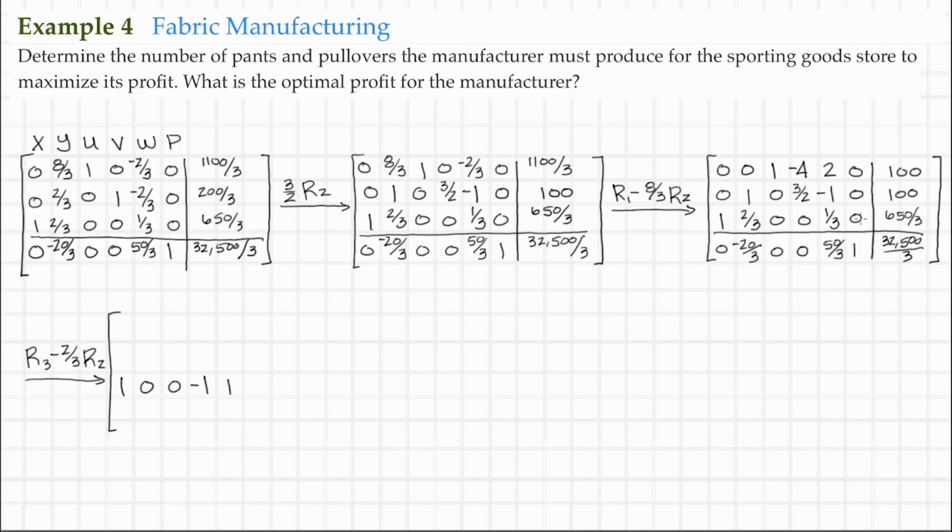Then we have 0, 0, and 0. Bring down our vertical bar. So 100 times 2/3 is 200/3, and 650/3 minus 200/3 is 150. Close off our bracket, and we fill in the rest.